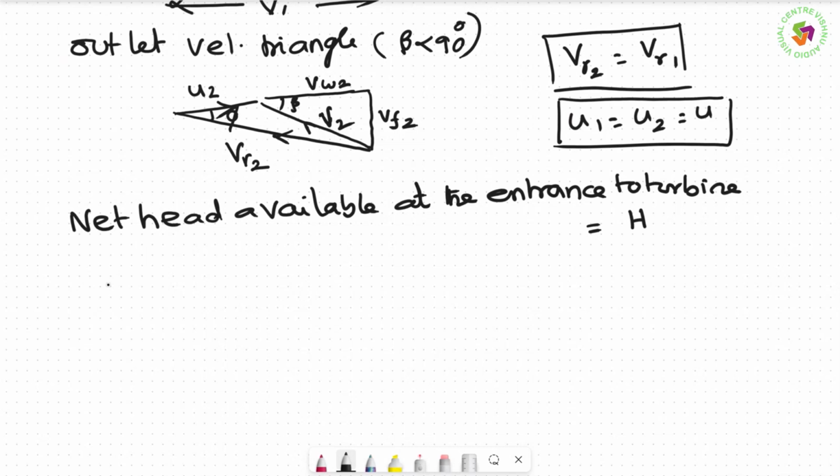So therefore, the absolute velocity of the jet V is equal to root 2gH.